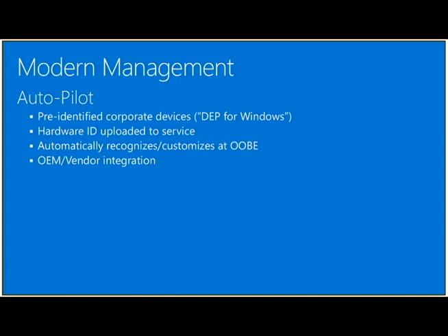And it's very analogous to the device enrollment program for Apple, where you would pre-register corporate-owned devices, and then when those devices came online, there was an automatic experience and registration process that was tied to those devices. In this case, it's very much leveraging the same type of functionality in that you generate a hardware ID, and that hardware ID is uploaded to the Azure service.